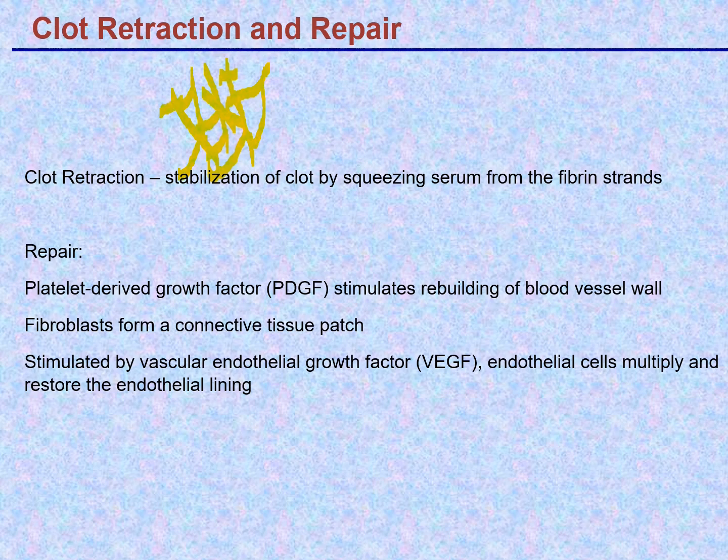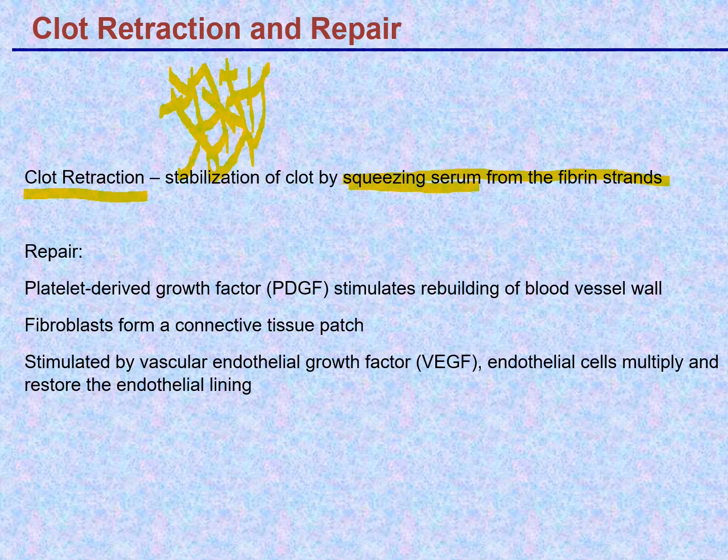But one of the important things is that what you get after that, the fibrin cross-linked meshwork, it will retract. It shortens and squeezes out the remaining liquid serum from between the fibrin strands. So after the clot forms, you get a process called clot retraction, where the strands are shortening and squeezing out the liquid serum.